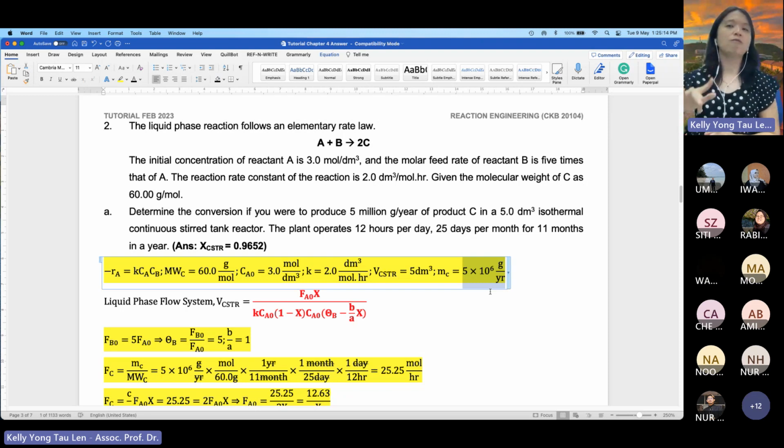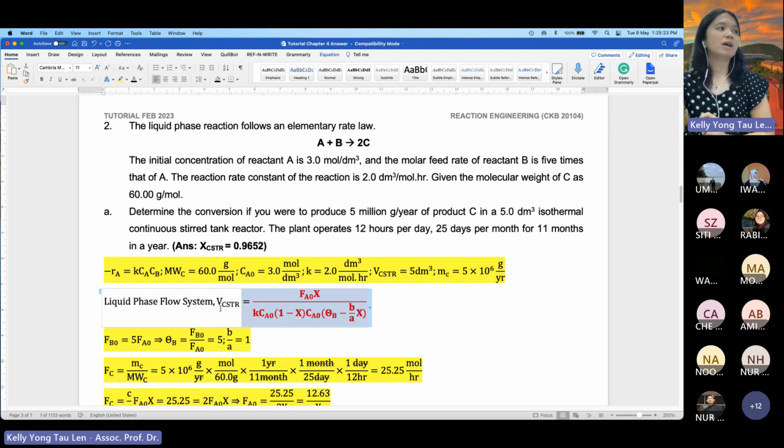Even if satu tak fulfill pun equation tu dah tak valid. Okay, so if you check correctly, the only one equation that fulfill this is this equation, di mana volume CSTR equals to FA0 X per k CA0 in bracket 1 minus X, CA0 in bracket theta B minus b per a X. Okay, so essentially we will use this equation to find X.